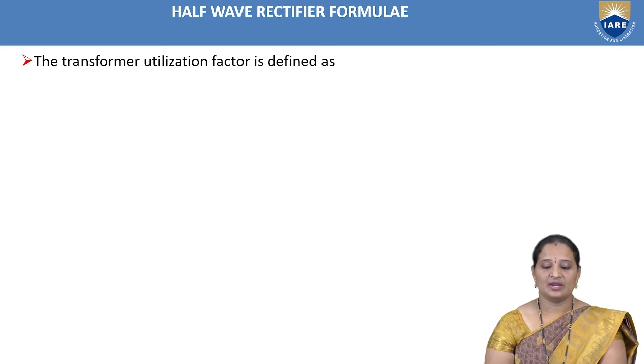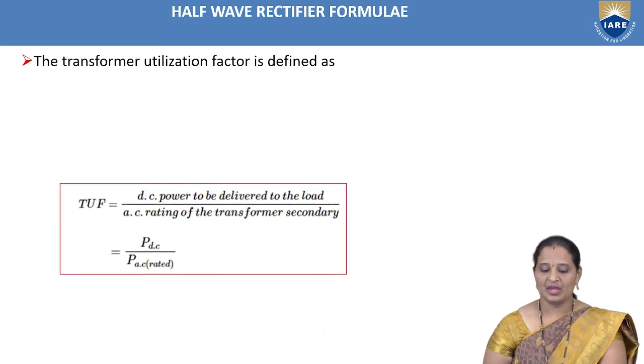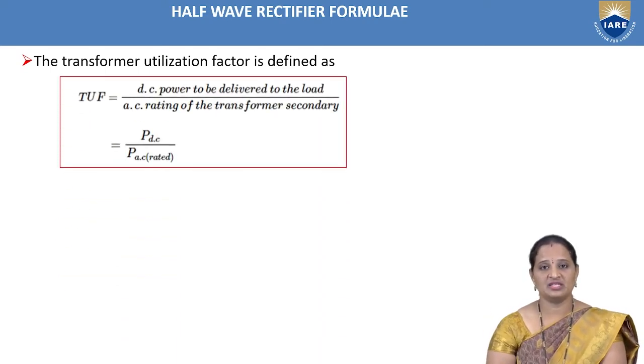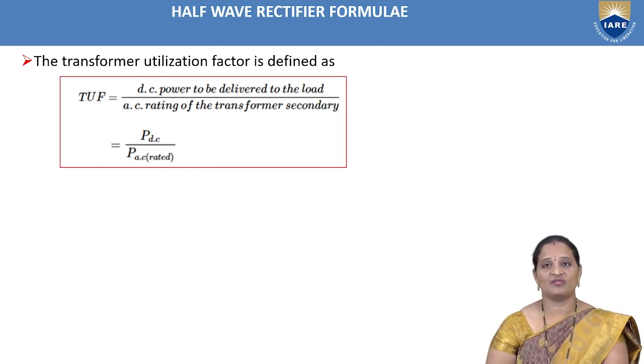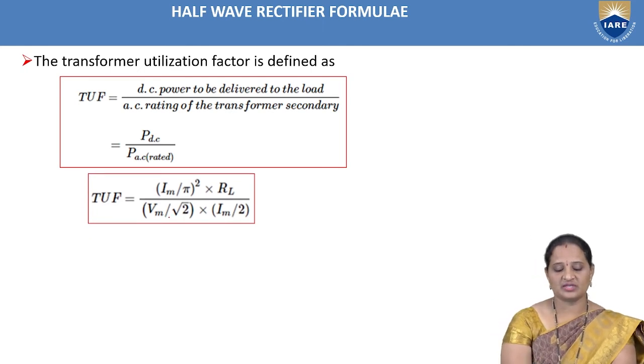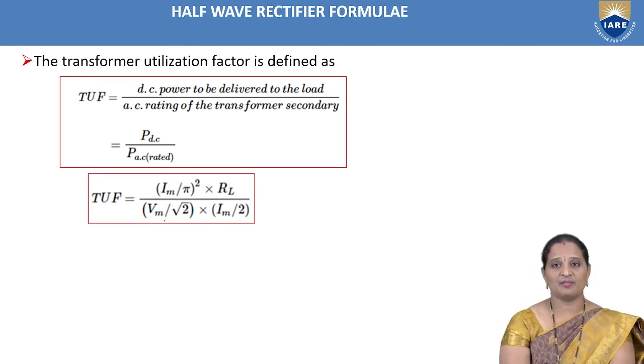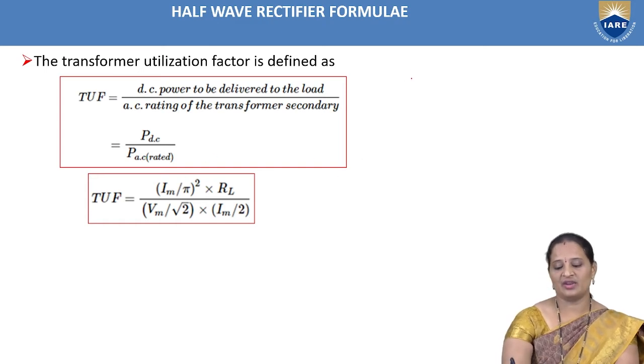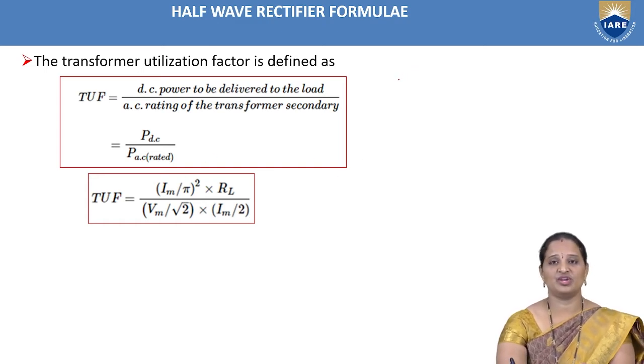Next, coming to the transformer utilization factor, it is defined as the ratio of DC power delivered to the load to the AC rating of the transformer secondary. Whenever we are calculating AC power, we need to consider the RMS value.